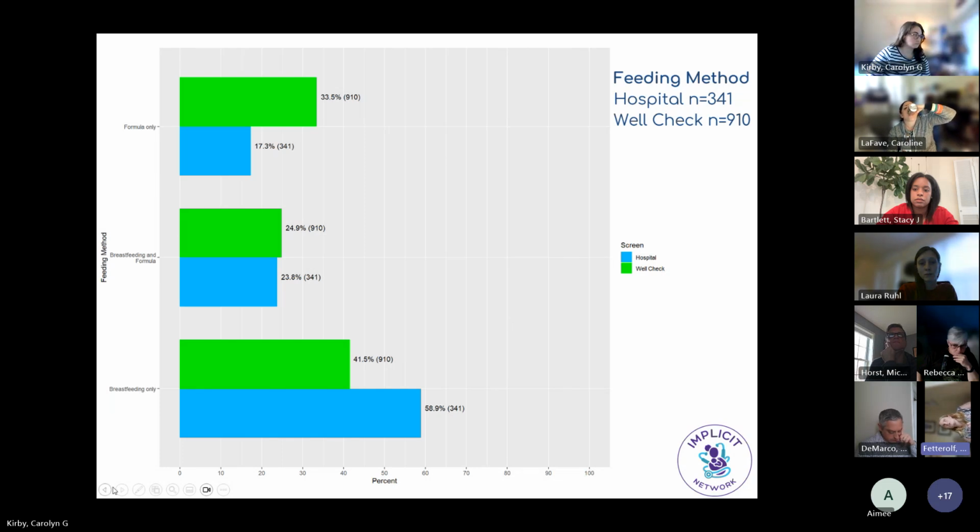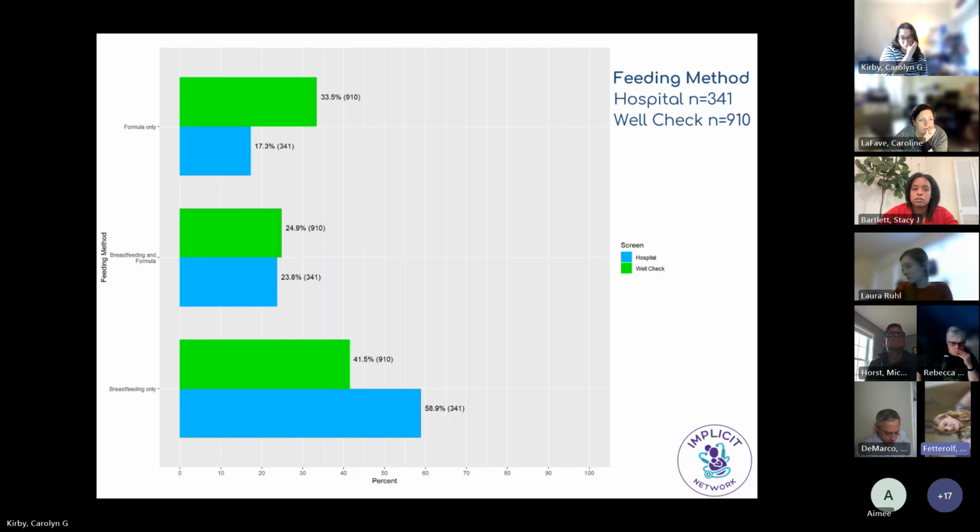The other question where we can do this is our feeding method question. This is one area where we discovered an issue when we rolled out our phase 1: we accidentally left this question out of our prenatal form. This has been corrected with our phase 2 questionnaires. So moving forward, when sites implement the phase 2 questionnaires, we will be able to collect data for this for the prenatal period, hospital discharge, and well check.